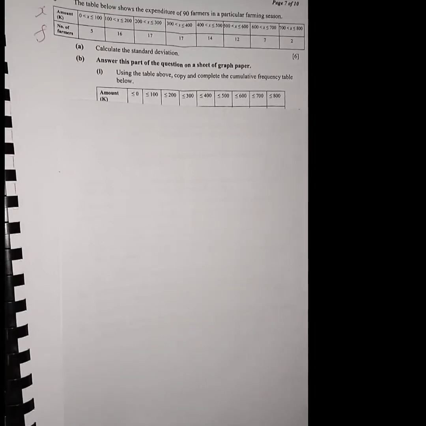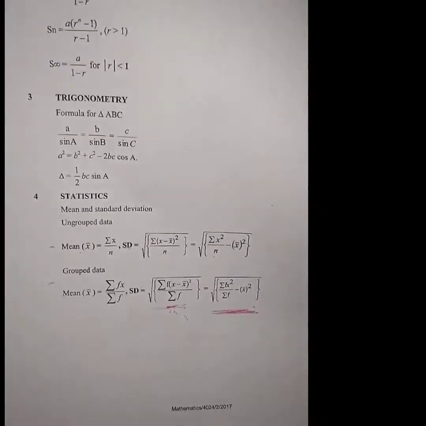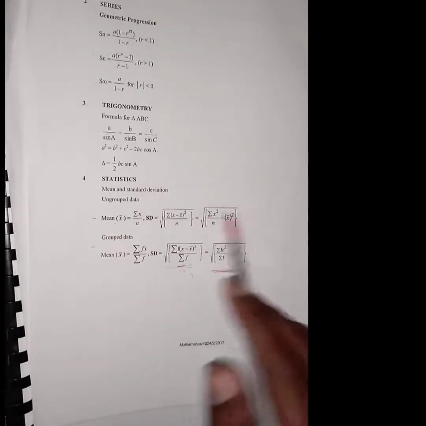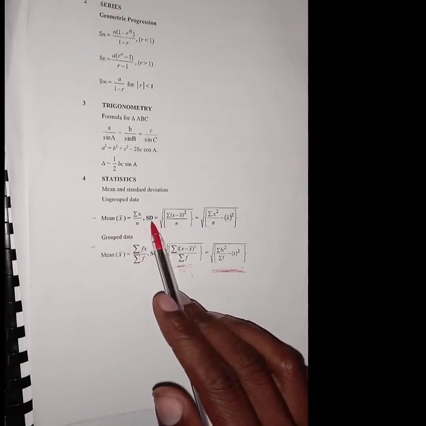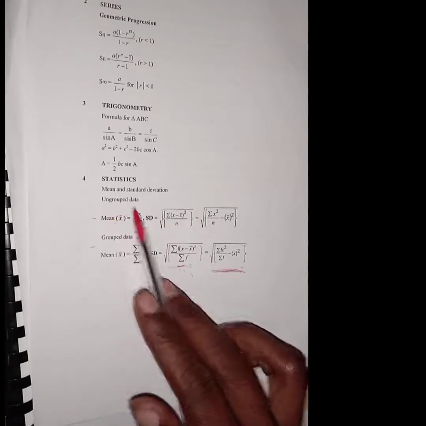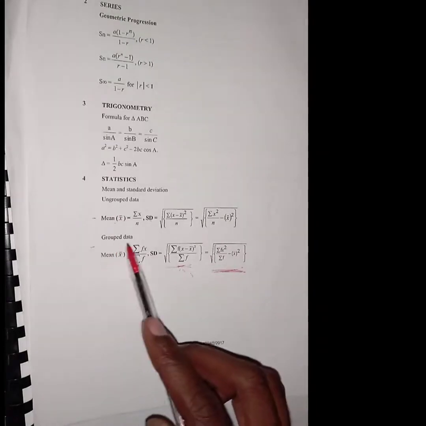So now, all the time, we are going to have the formulae on the cover. So we have the formula for finding the mean and SD, standard deviation, for the ungrouped data. We also have the grouped data.